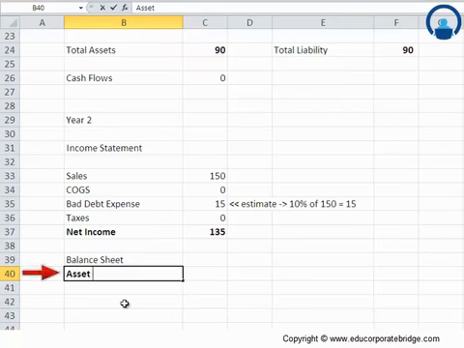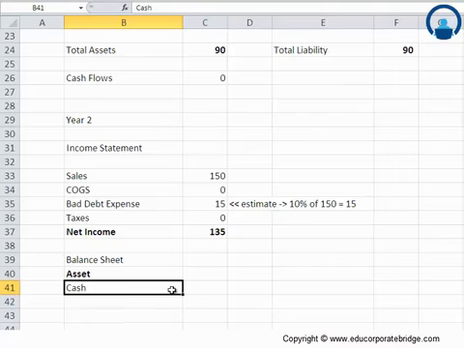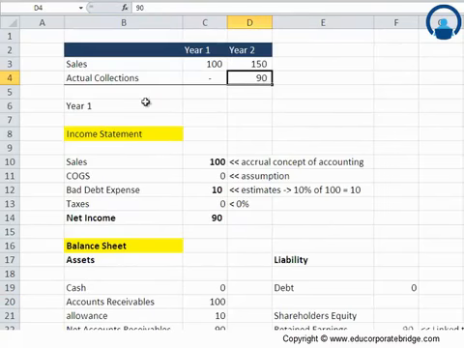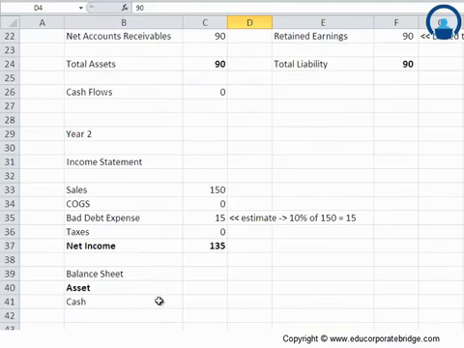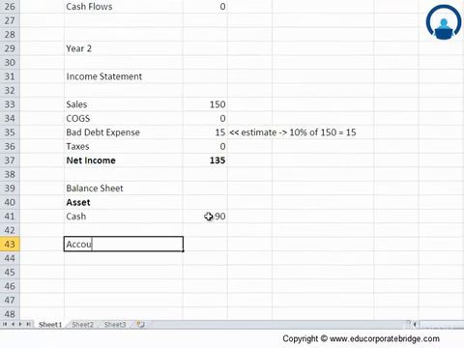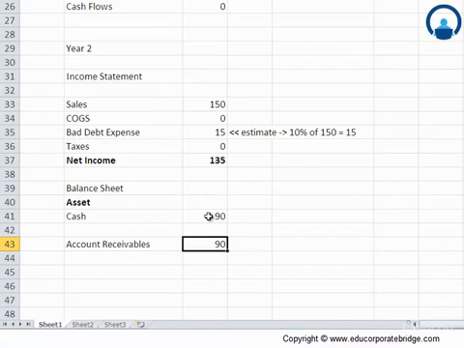Let us now make the balance sheet for this company for year 2. Now on the asset side, the starting place is cash. So what did we receive in cash? If you look at it, the actual cash collection was 90. So here cash is 90. Now the second item was accounts receivables. Earlier, accounts receivable was 90 in year 1. However, this 90 was received in the form of cash, so it came back to 0 from accounts receivables and it became 90 in cash.